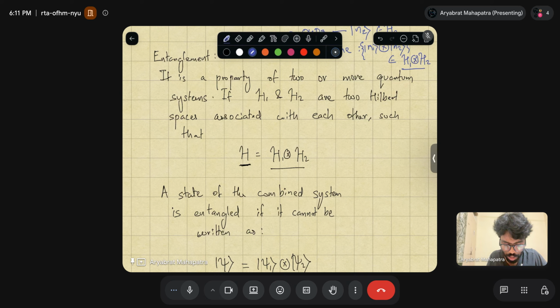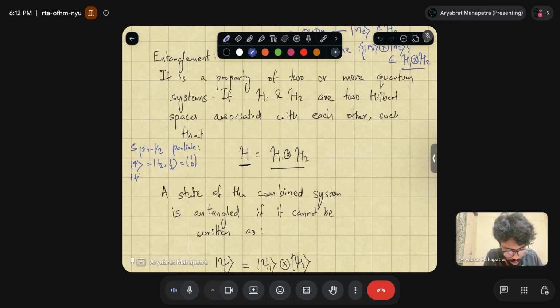Even in a spin half particle, you have the up state, given as half, and otherwise denoted as 1 0.